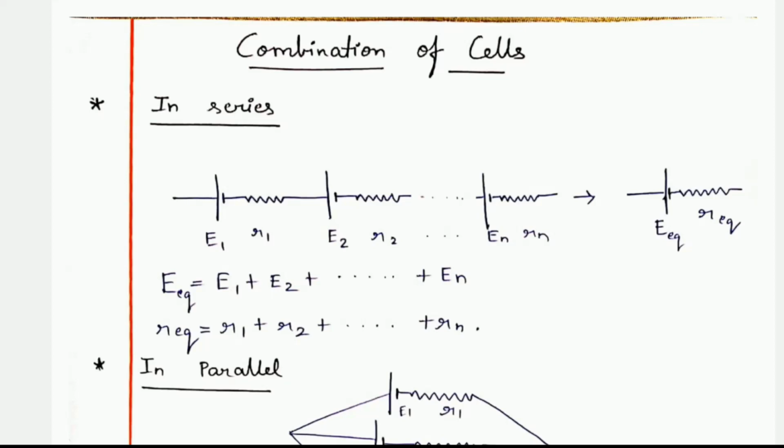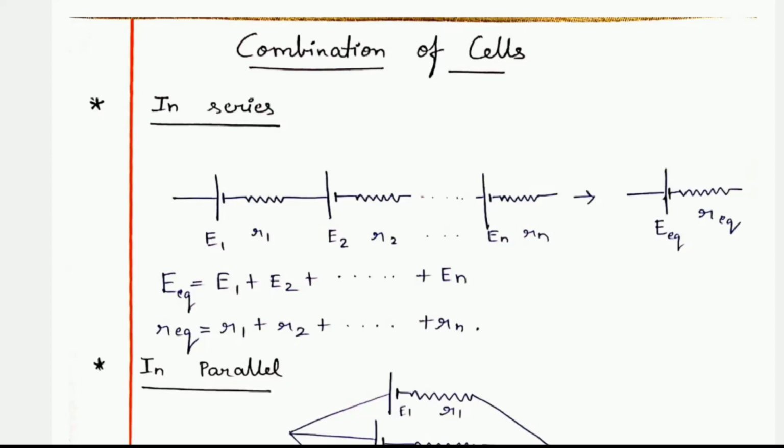Since all the resistors are in series, the R equivalent will be the sum of all the resistors. So R equivalent will be R1 plus R2 plus ... till Rn. Now you have to remember that if n cells are in series, then their EMFs also get added up.